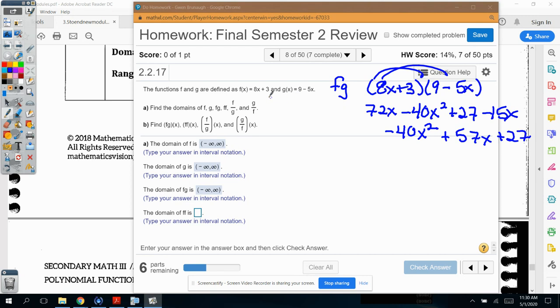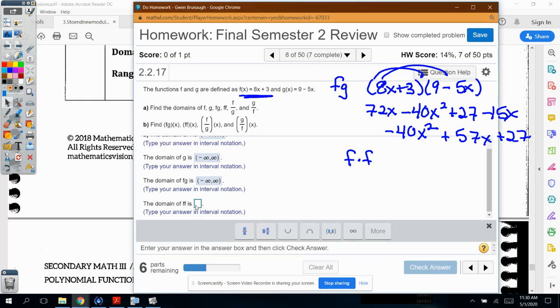The domain of f and f would be just taking this times itself, f times f, which is also going to be negative infinity to positive infinity.